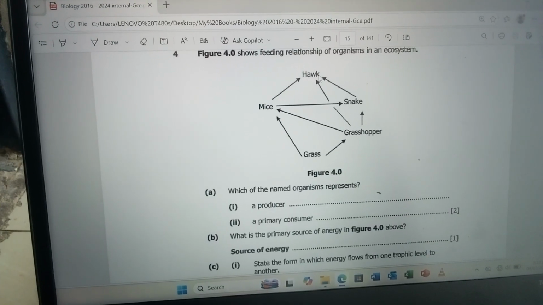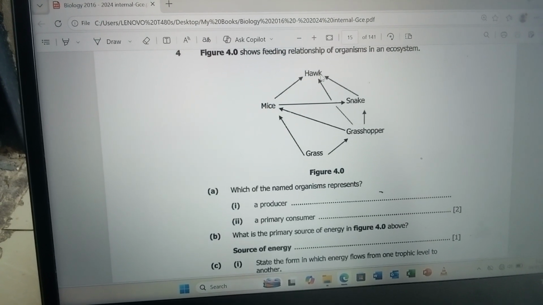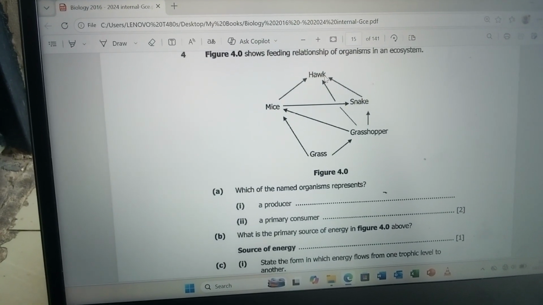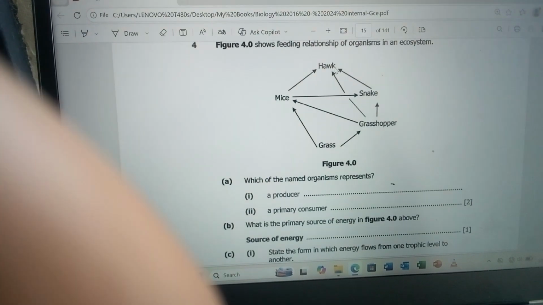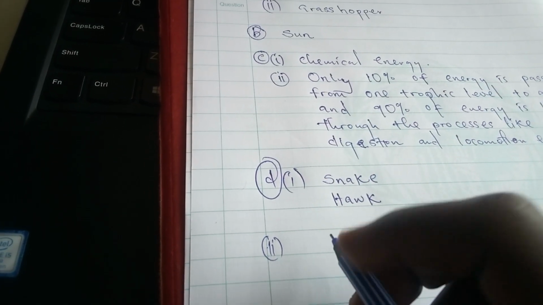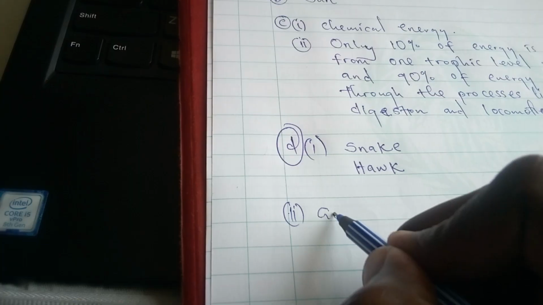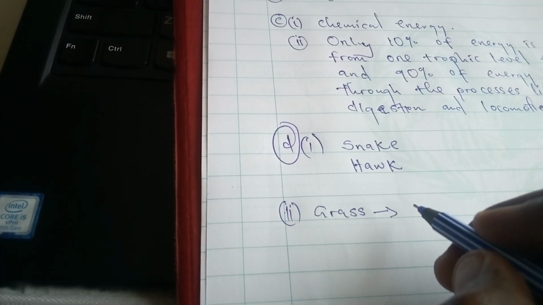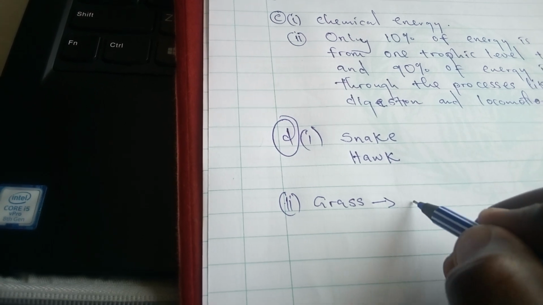So we can write now. We write grass, move on to the second one, that is grasshopper.